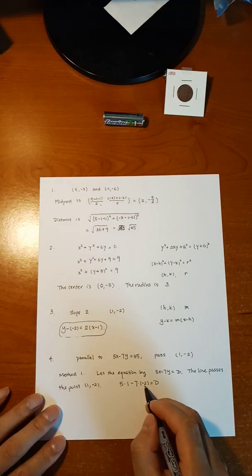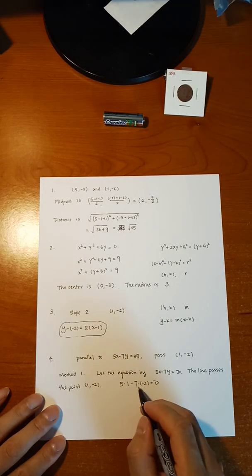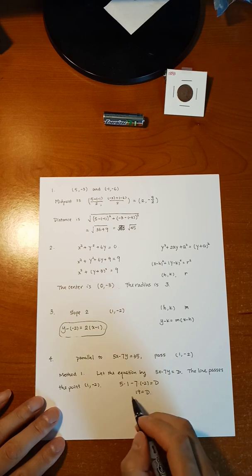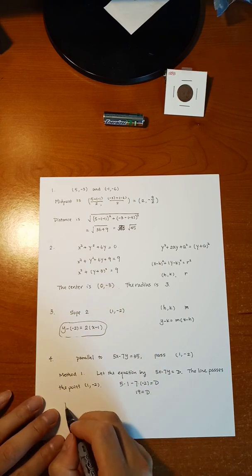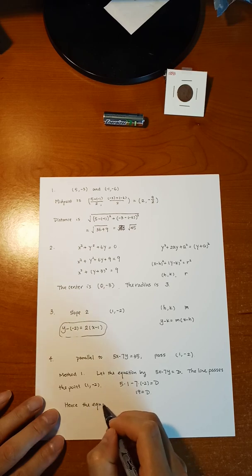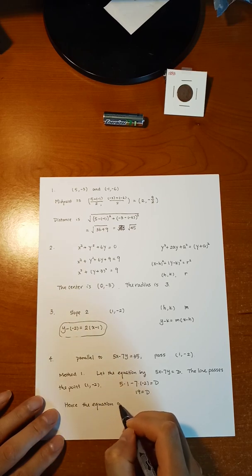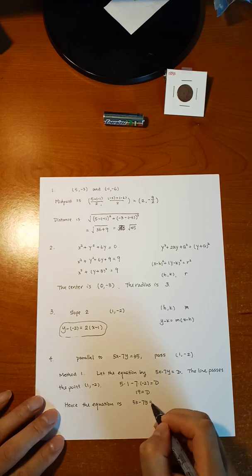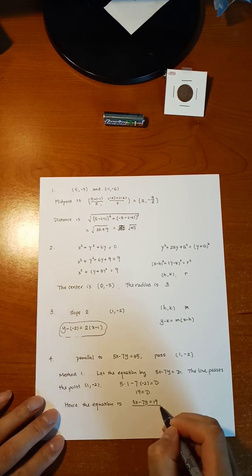Minus 7 times -2 is -14. Minus -14 is plus 14. So 5 plus 14 is 19. So d is equal to 19. Hence, the equation is 5x minus 7y equal to 19. That's it.